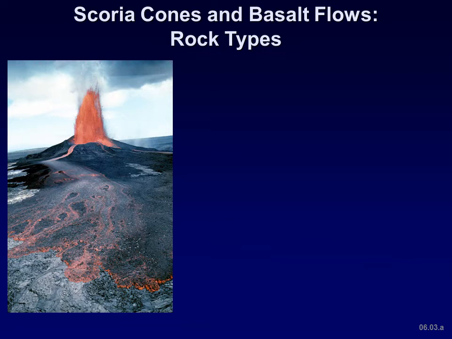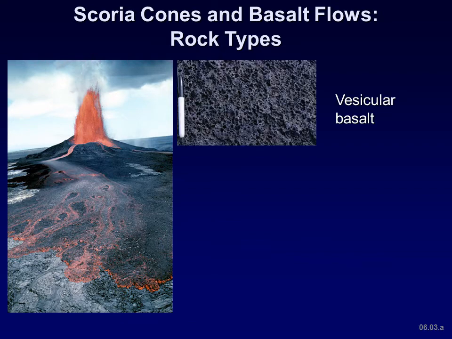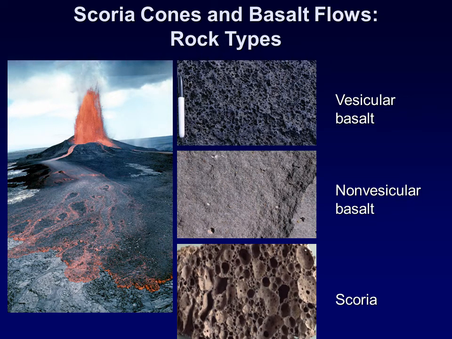Alrighty. Scoria cones and basalt flows. What are the characteristics of a scoria cone? Okay, it is going to be small in size. It will have lava flows and cinder ejections. That means it's throwing out little bits of ash and tiny rocks.